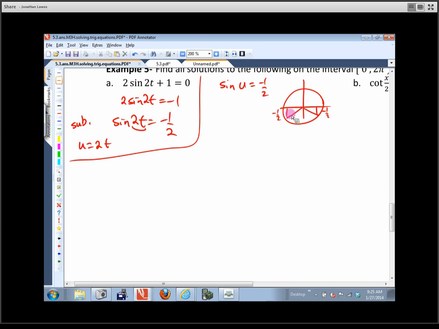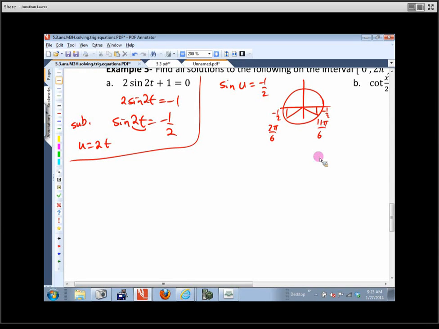They're 30 degrees, right? Each one of those is 30 degrees. So that makes this one, we've got to answer in radians, 7 pi 6. And this one over here, 11 pi 6. Okay, those are the two answers. Any questions on that?